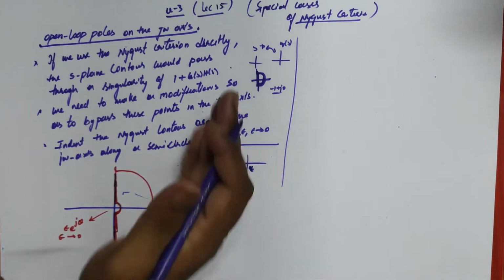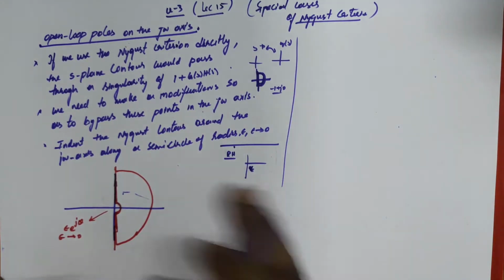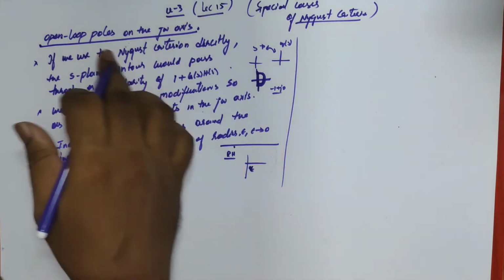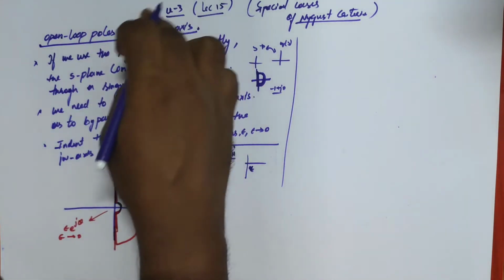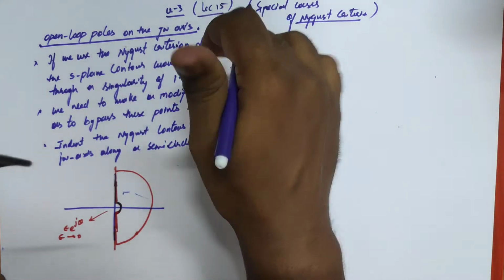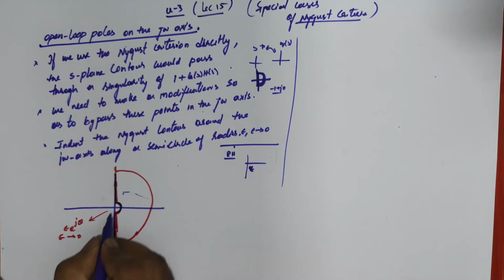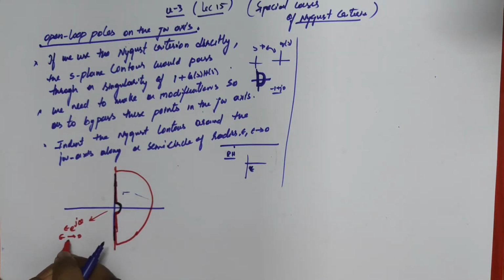I followed that to complete the Routh criteria. In a similar fashion, open loop poles on the j omega axis would be a hurdle for our system, so that's why I'm bypassing that. I'm taking that and naming it with epsilon tending to 0, with e power minus j theta.